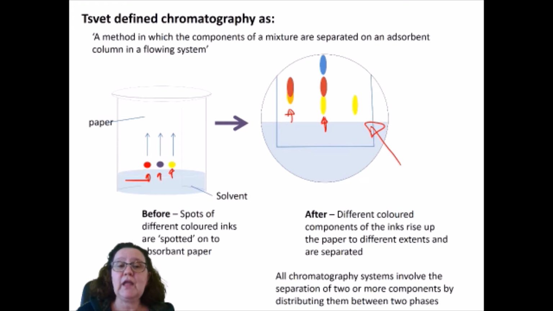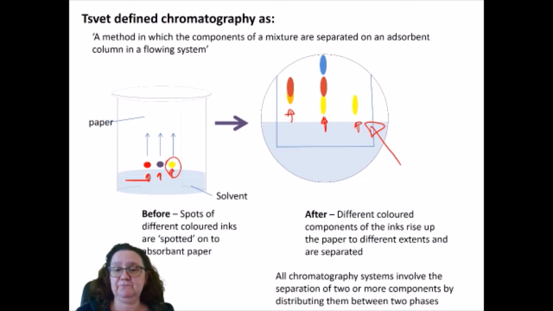And then the final spot, you can see that it seemed to be an individual component. There didn't seem to be any mixtures, any additional components in this particular spot. Or if there are, whichever solvent we have used has not been enough to separate them.